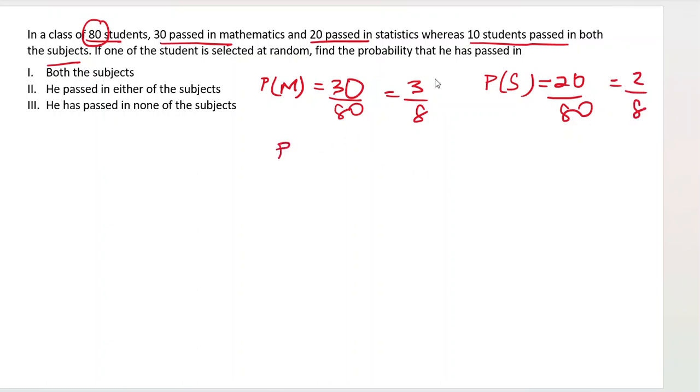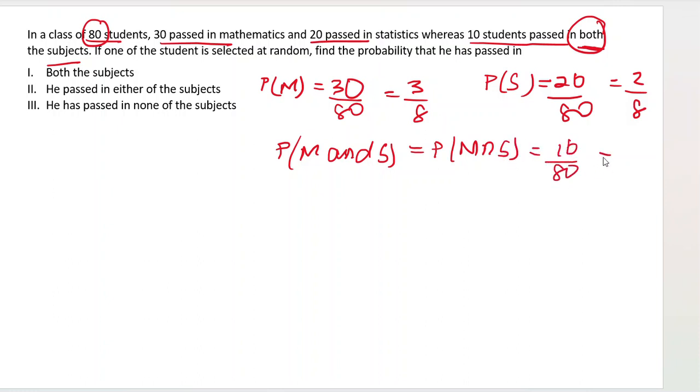Then the probability that they passed in both, mathematics and statistics, symbolically means probability of mathematics intersection statistics, which is 10 upon 80, or 1 upon 8.